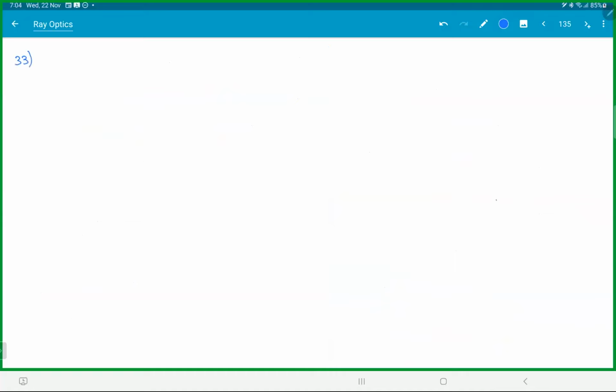Let's see how you will do this. We have a surface here, R is 20 centimeters. Mu is 2 on one side and mu is 3 by 2 on the other.